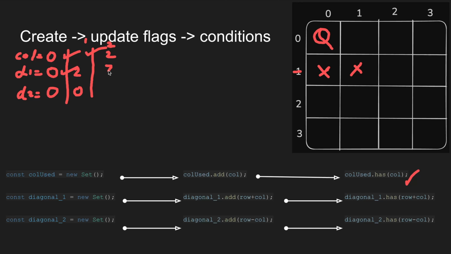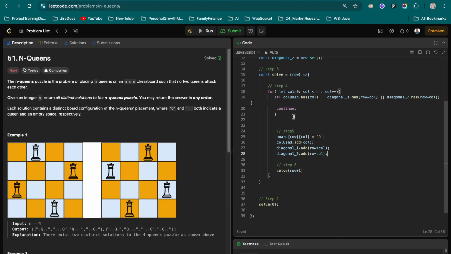We check if diagonal 1 has 3, it is no, it is also passed. If we check diagonal 2, that is 1 minus 2, that is minus 1, it is also passed. So this passes the if condition, and then we can add this position on the board again, that is first row and second column.